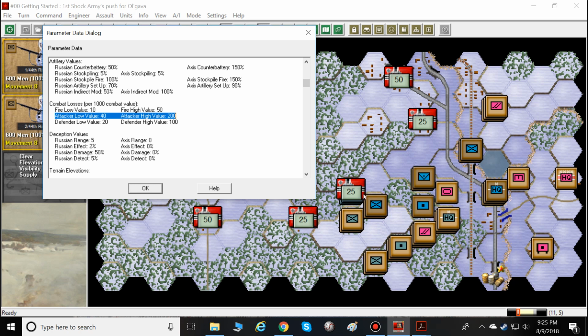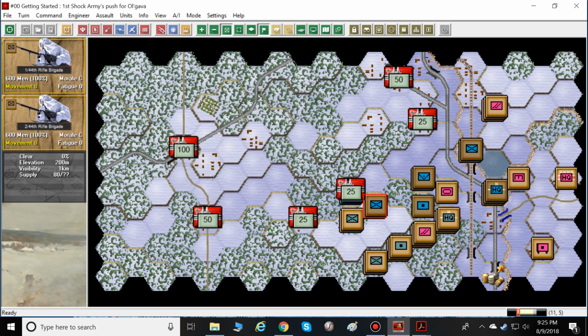If I was to just do a normal attack with equal to or less than what they have in that hex, we're going to be taking twice as much damage. So that's important. I thought I would just bring that up and show you guys that. That's why your boomsticks are so important, because they're going to cause all those damages and disruptions ahead of time. Then your frontline units are going to move up and assault and hopefully take over these hexes.